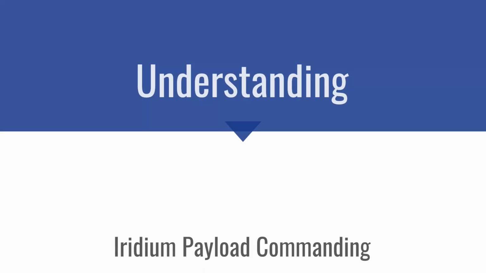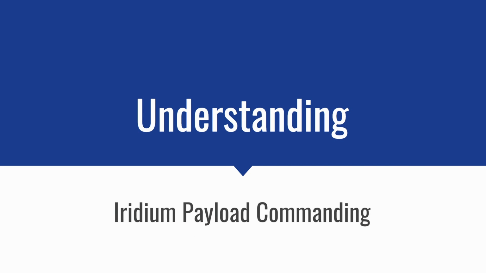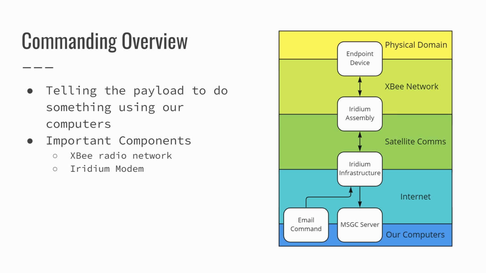So, understanding Iridium payload commanding. Commanding overview here, you can see the information transmission stack here on the right. It starts down here at the bottom. We send a command, it goes through the internet, through the satellites, through the XBee network to the endpoint device.